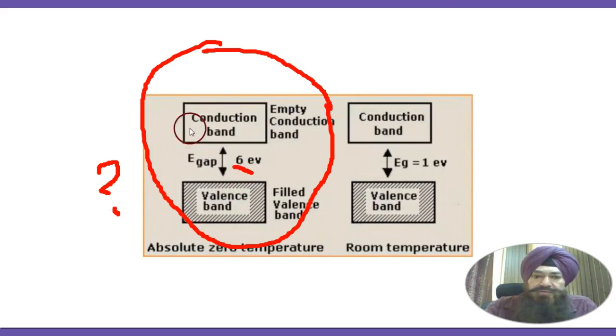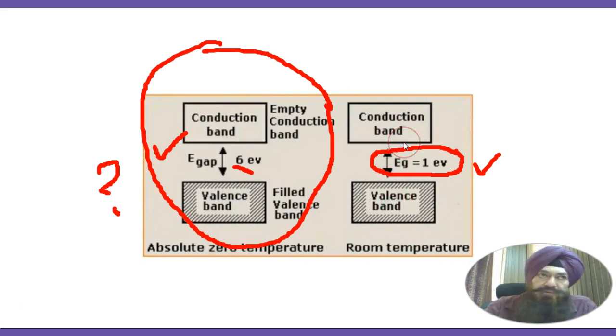So it is very difficult to have conduction with such an element. But if the energy gap is 1 electron volt, it is easy for the electron to jump from valence to conduction by absorbing the energy available at room temperature.